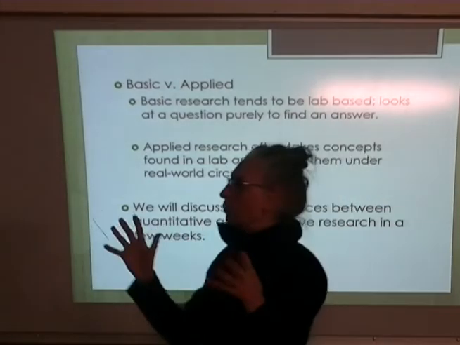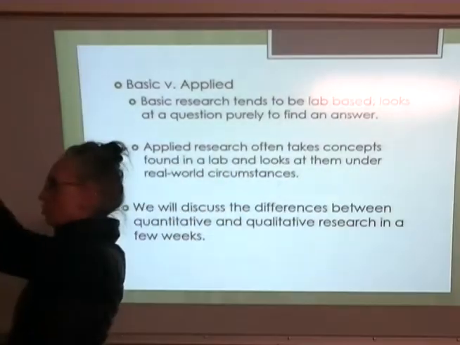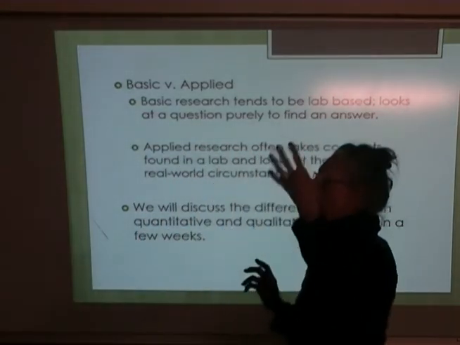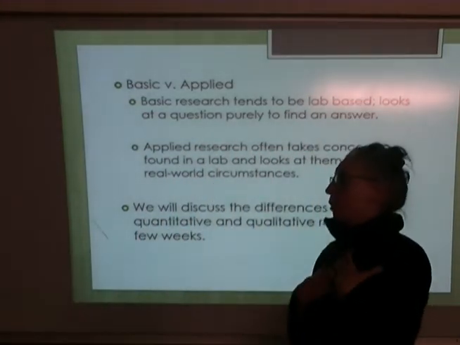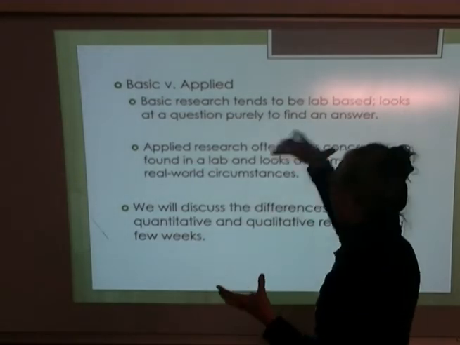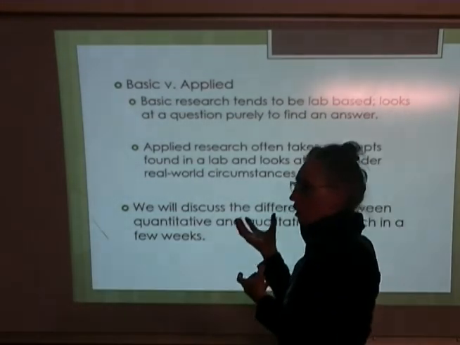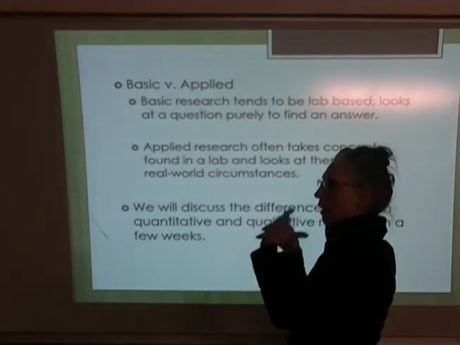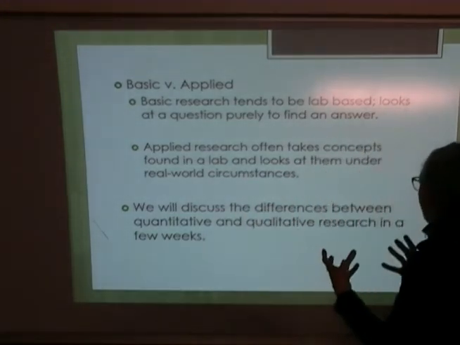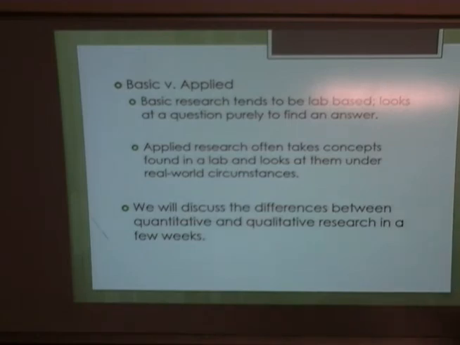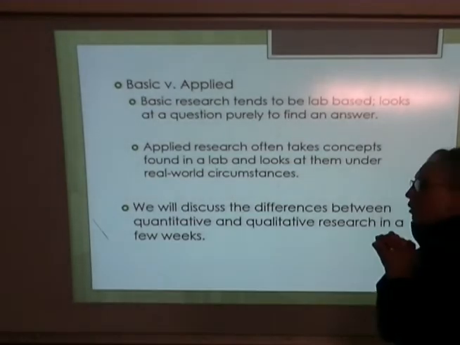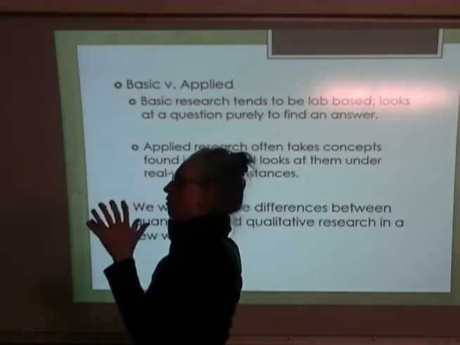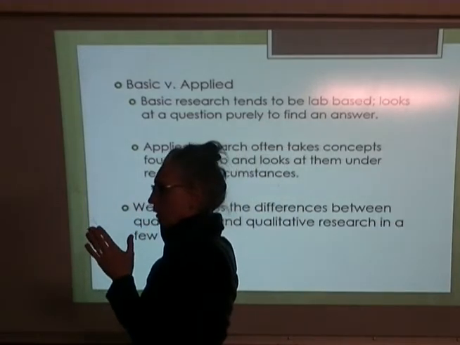But basically, we can divide research into two groups, all right? We have very applied research, which is what I like to do. And we have what we call basic research, which is typically done in a lab of one form or another, and it will often look at the question just because they want to find the answer to that, right?